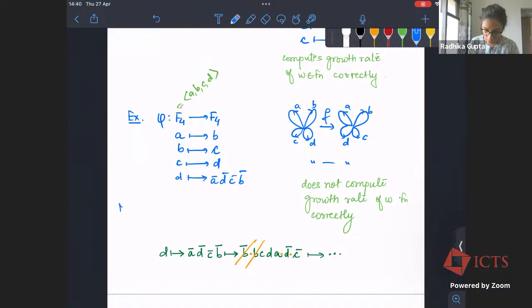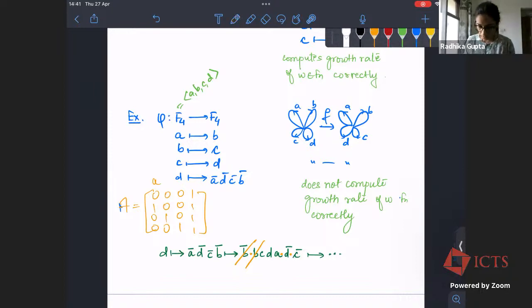Like I could write the matrix A, where A, B goes to C, C goes to D, and then D goes to all the four letters. So I could write this matrix, but this is not a good way of counting how fast my D is growing under applications, because as a free group automorphism, there is cancellation that I'm seeing.